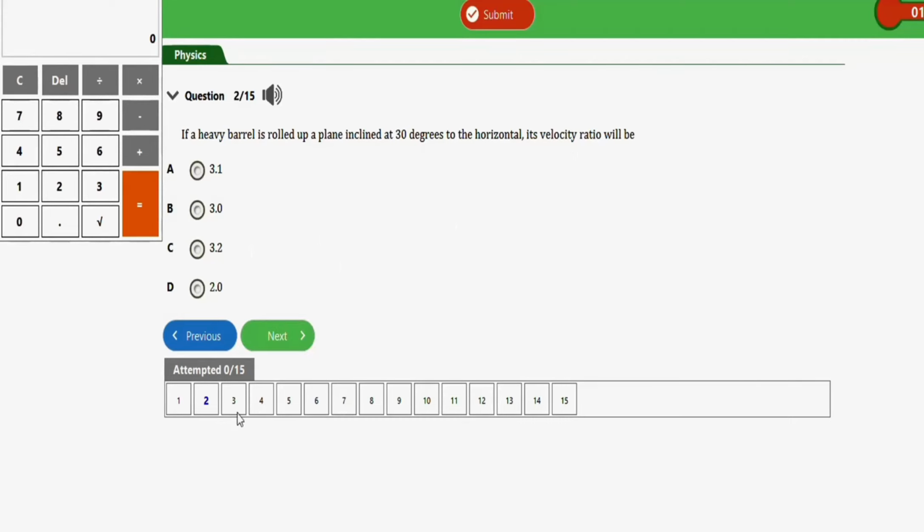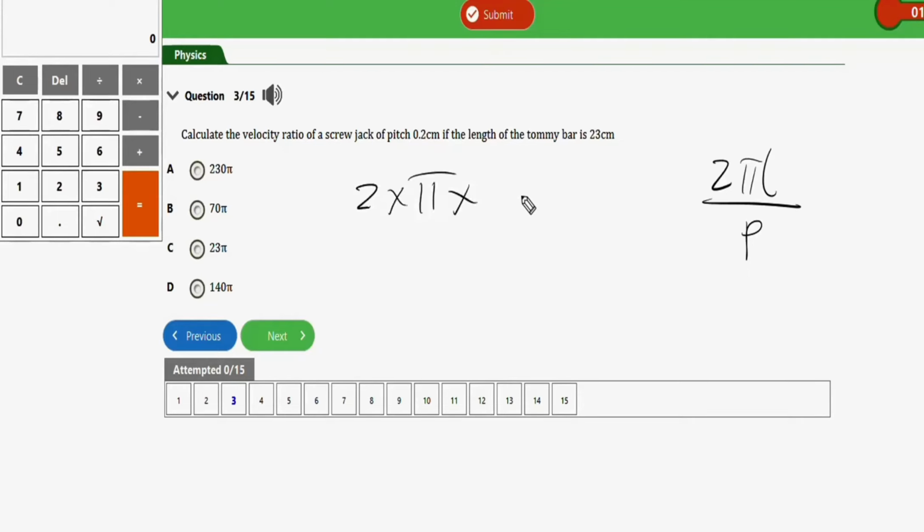The next question says, calculate the velocity ratio of a screw jack of pitch 0.2 cm if the length of the dummy bar is 23 cm. For this question, what you need is the formula, which is 2πL/P, where L is the length of the dummy bar and P is the pitch. So this is 2 times π times 23 over 0.2.